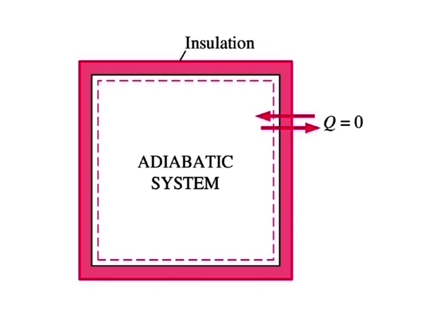Even though there is no heat transfer during an adiabatic process, the energy content and thus the temperature of a system can still be changed by other means such as work.